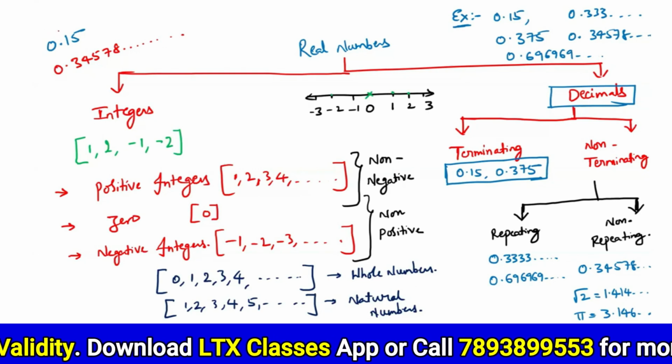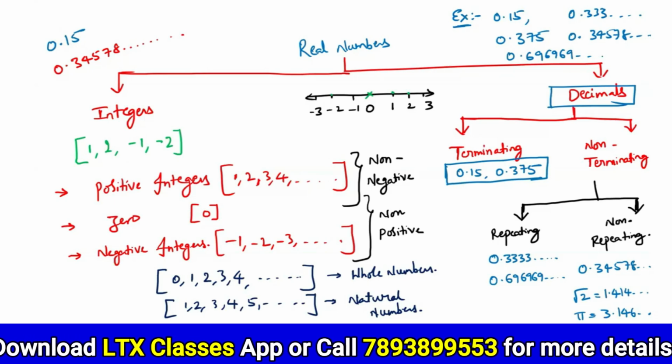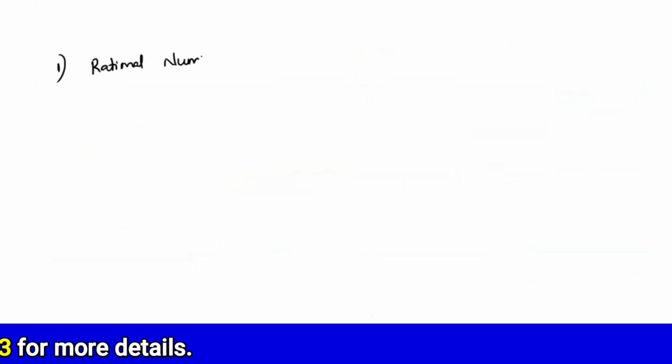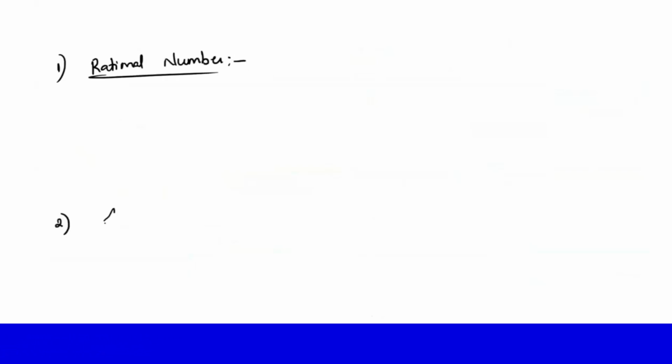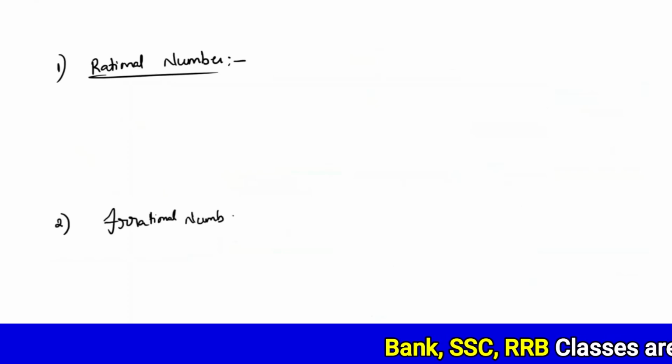I will tell you the further classification regarding all these things. The further classification will be rational numbers and irrational numbers.